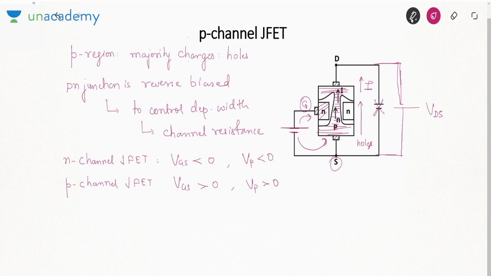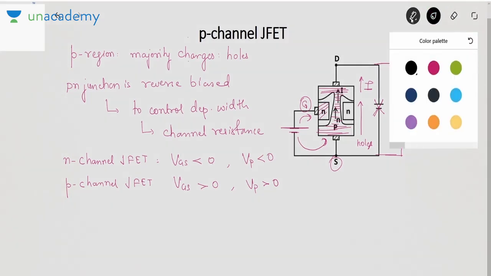What is pinch off voltage? Pinch off voltage is the minimum voltage at the gate terminal required to pinch off or terminate the channel between drain and source. Or you can say it is the gate to source voltage at which the channel between drain and source vanishes. So the voltage at which the channel vanishes is called pinch off voltage.